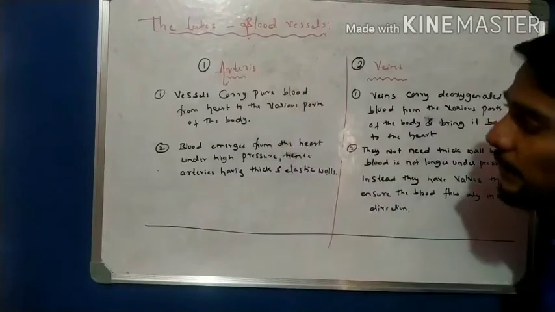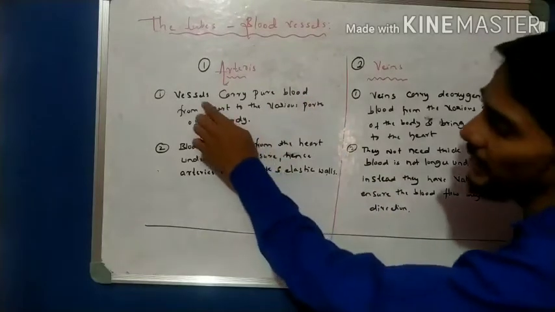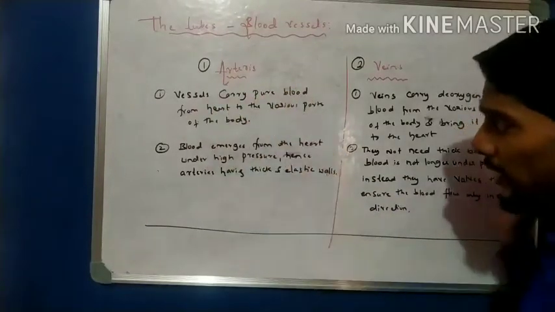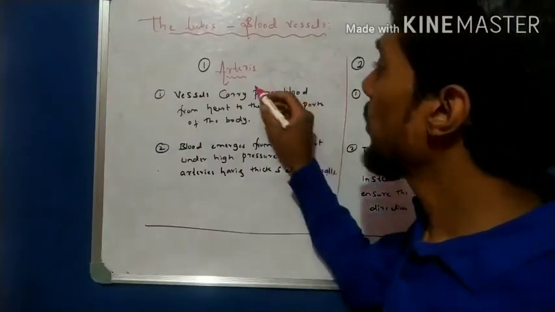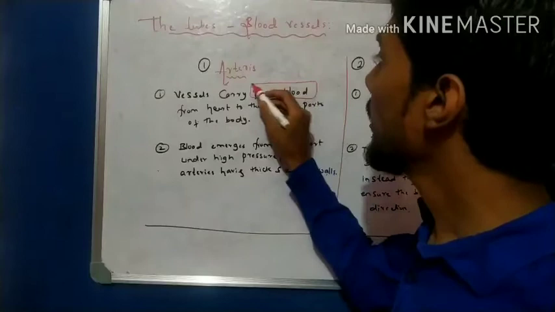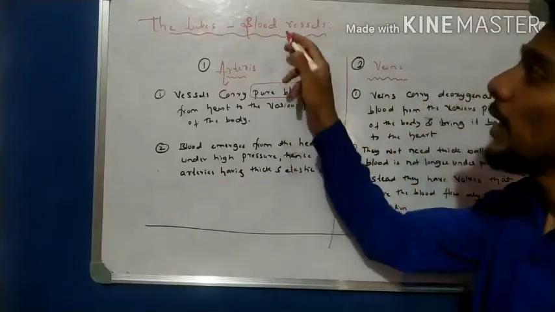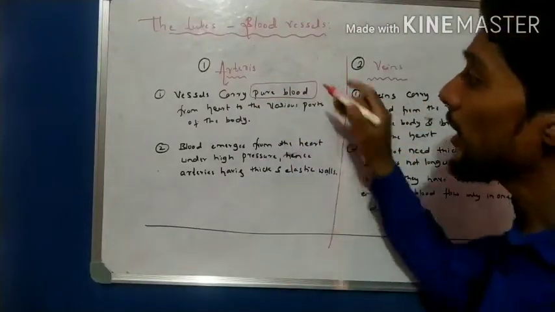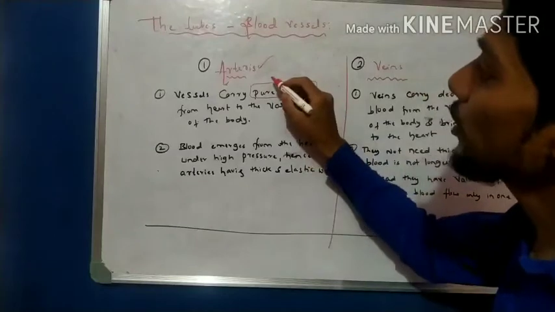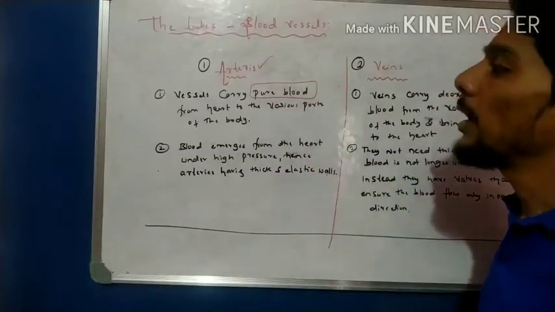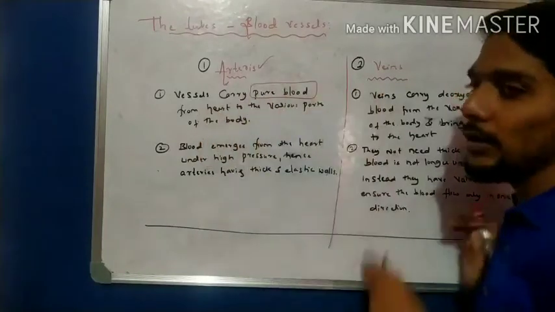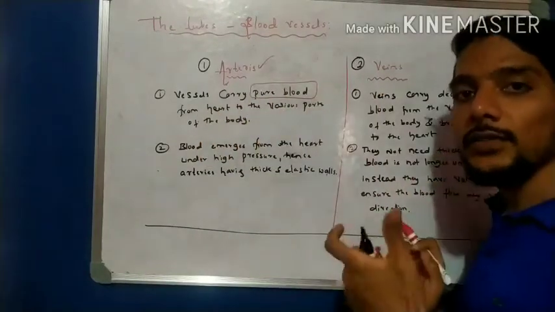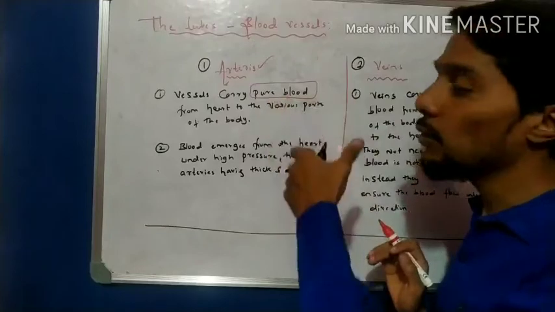Here, arteries. Arteries carry pure blood, that is oxygenated blood. That is very important. I mark pure blood with a red marker. Which blood vessels carry pure blood? The arteries carry pure blood, also called oxygenated blood, from the heart, that is from the left ventricle to the aorta.